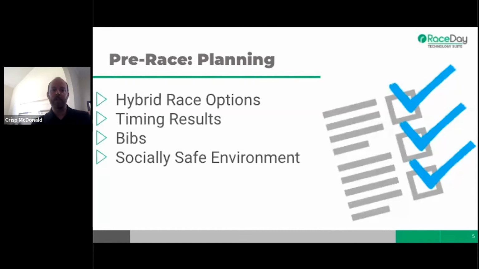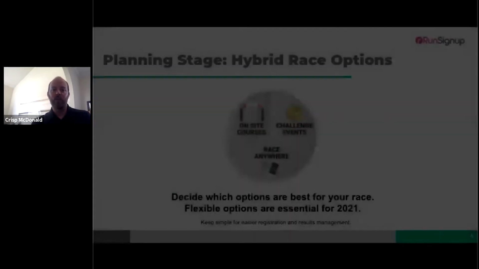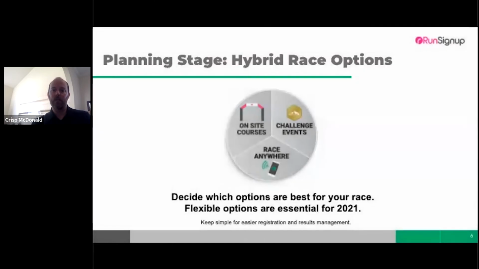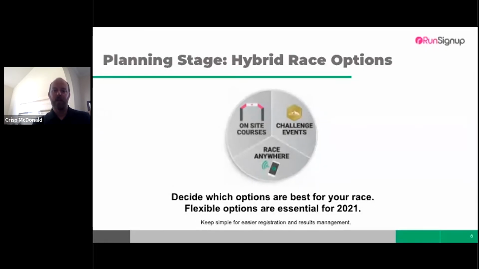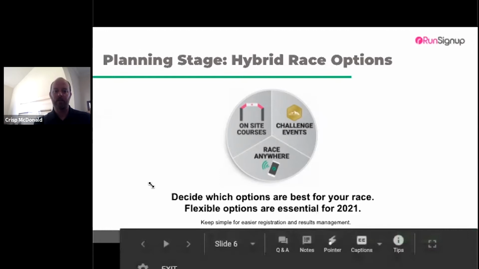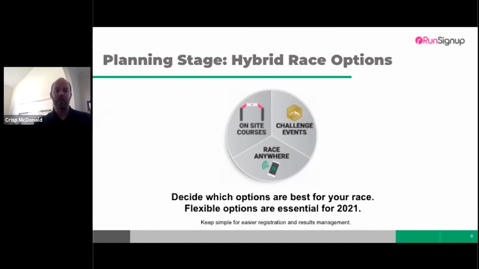So with the planning, you need to decide which options are best for your race. And again, the flexible options are essential for 2021. Hopefully by the end of the year, things will be a little bit better, but for the initial stages, you do want to be as flexible as possible.